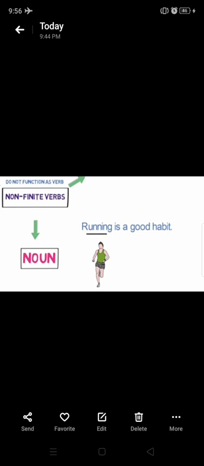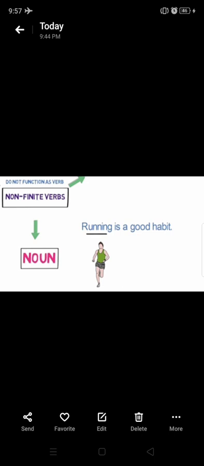And what is the use of a noun in a sentence? Why do we have a noun in a sentence? The use of a noun in a sentence is to be the subject and the object. Now you know what a subject and an object are, right?